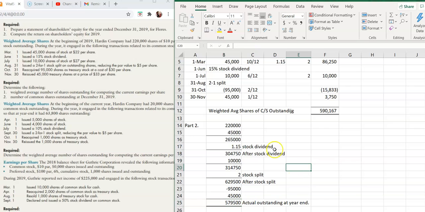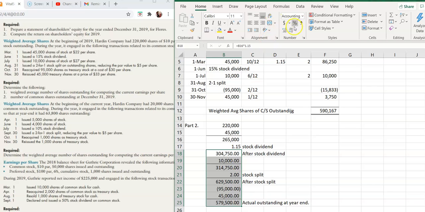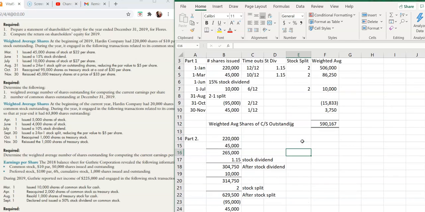Makes it a little easier to follow. So this is a number. These are all numbers. These are all shares of stock. Okay, that's it for that one.